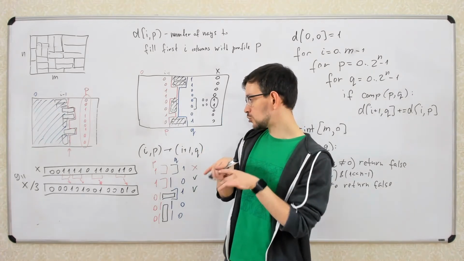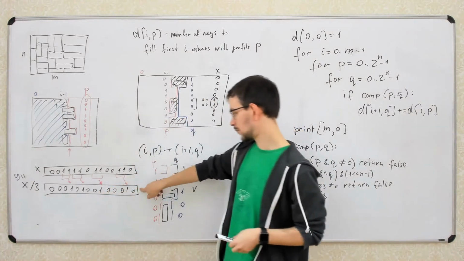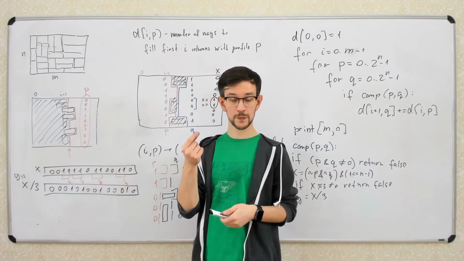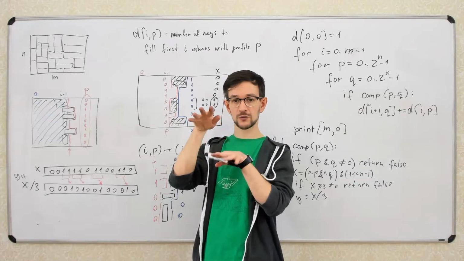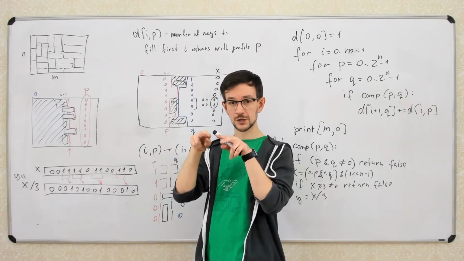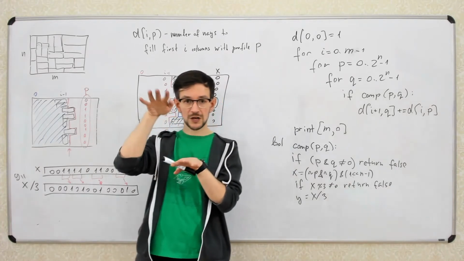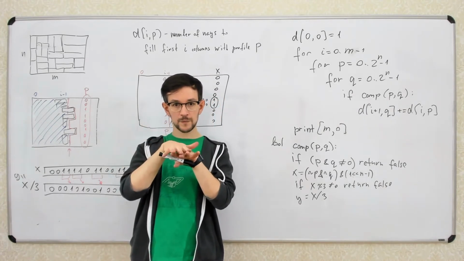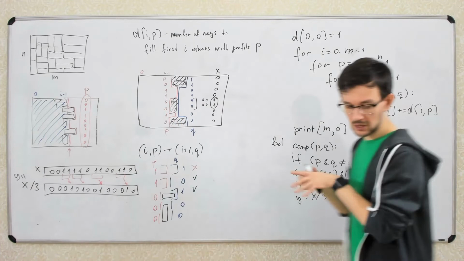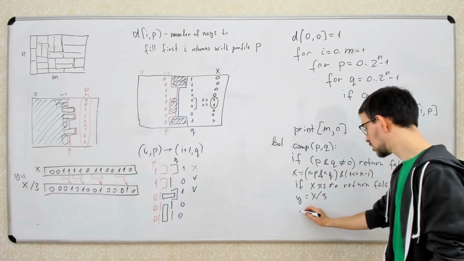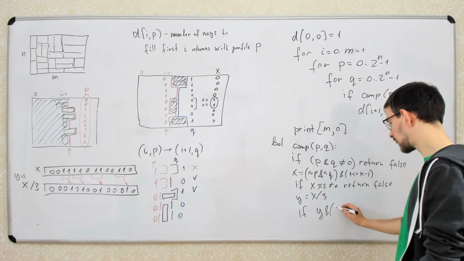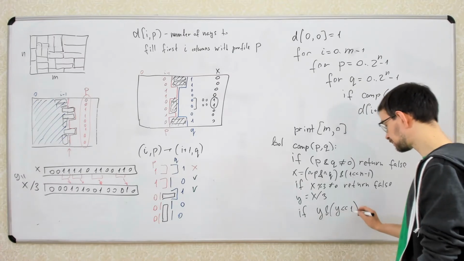So now you need to check that in number y there are no two consecutive ones. How to check if a number does not have two consecutive ones? It's easy. You take this number, shift it left by 1, and AND with itself. So you check that number y ANDed with number y shifted left by 1.